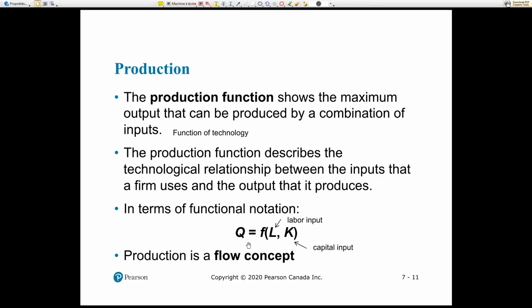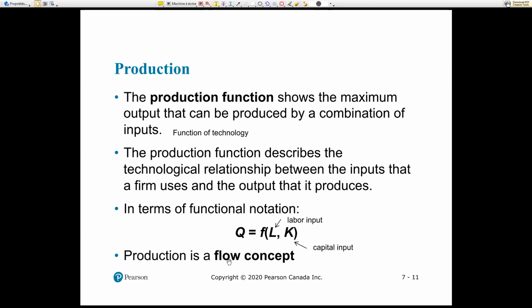And what this says is, what is the maximum quantity I will produce if I have, say, 10 units of labor and 10 units of capital, which could be anything like 10 machines and 10 employees.